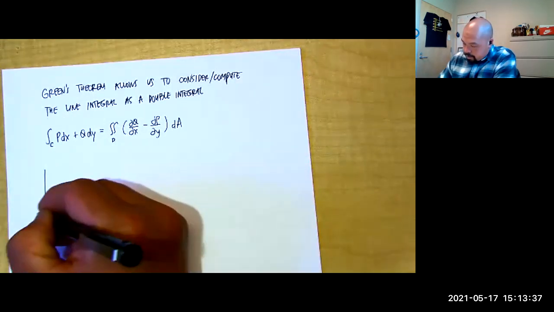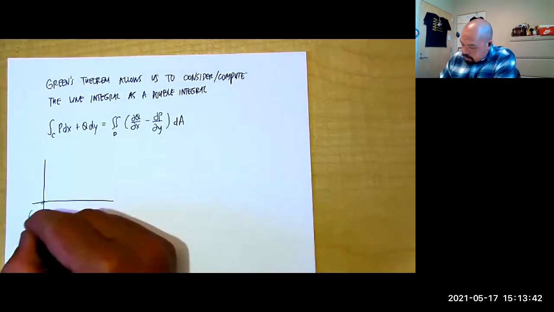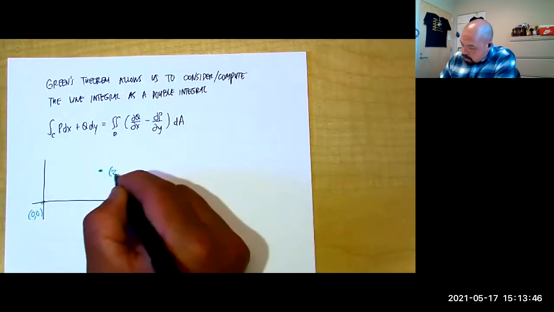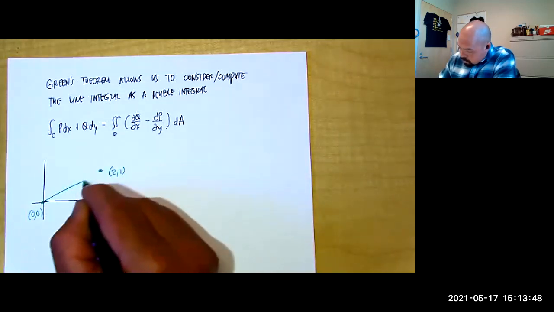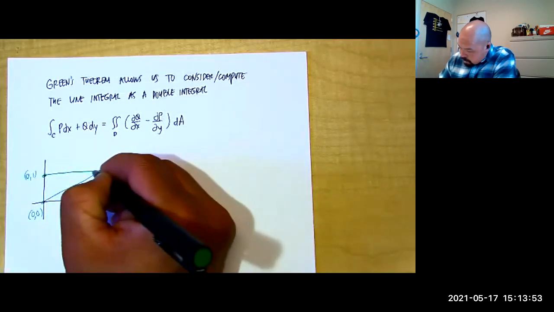And so, drawing that again rather quickly, 0, 0, 2, 1, 0, 1, right, are three vertices of that triangle.